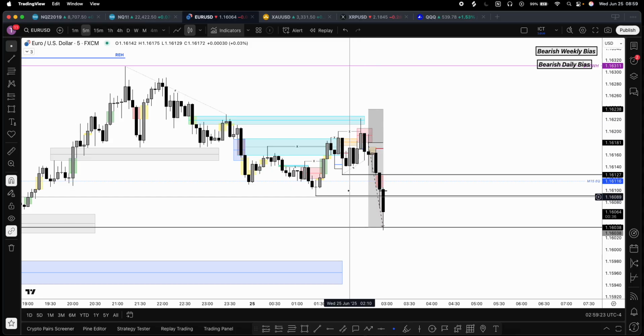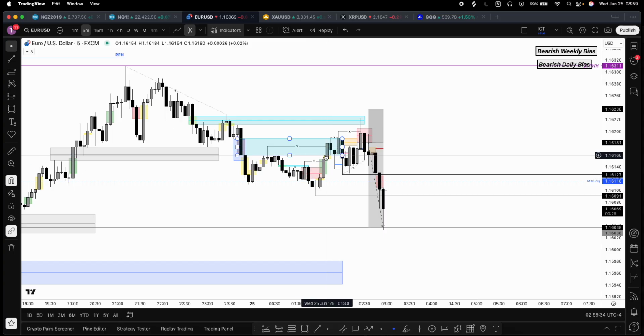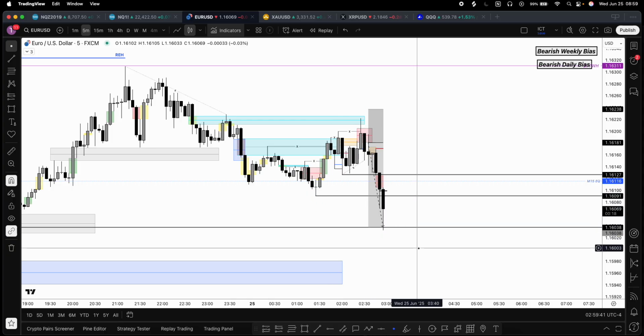There's a sweep. There's a change in state of delivery over here. Close below these series of up close candles. Price has closed beyond these bullish gaps, which means they are violated. Got a market structure shift.